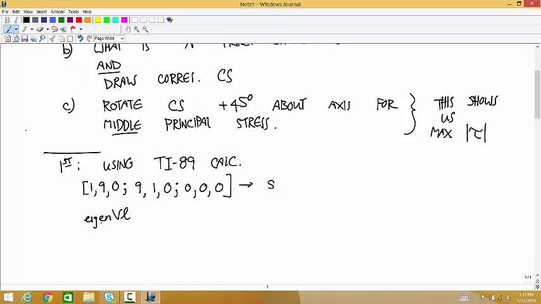You go to catalog and look for that function of S. And it'll give you the values 10, -8, 0 in squiggly brackets.